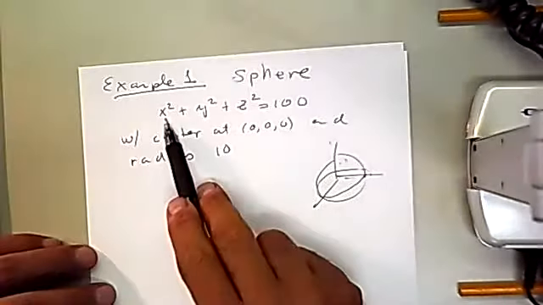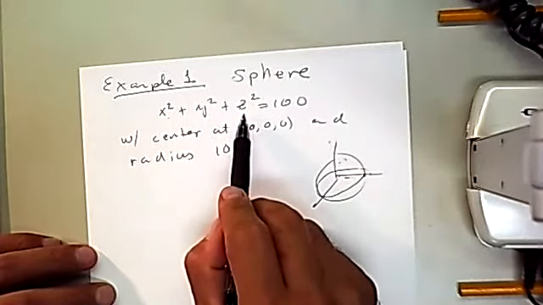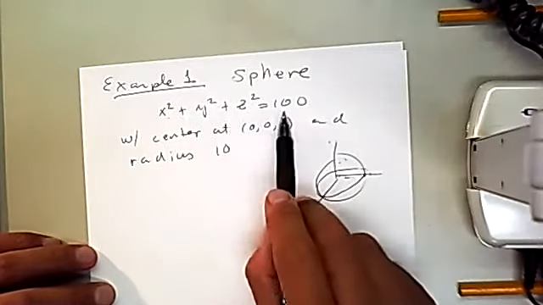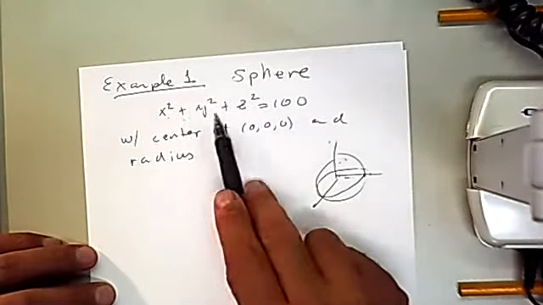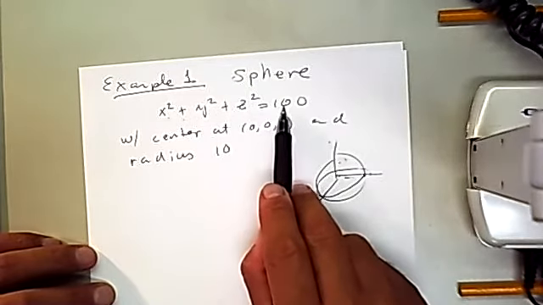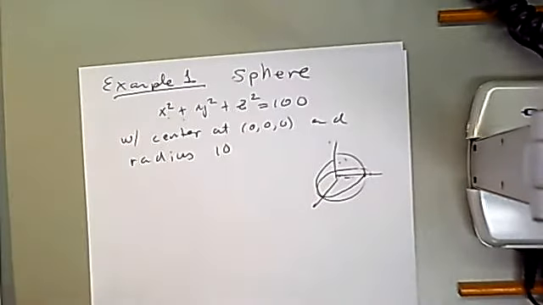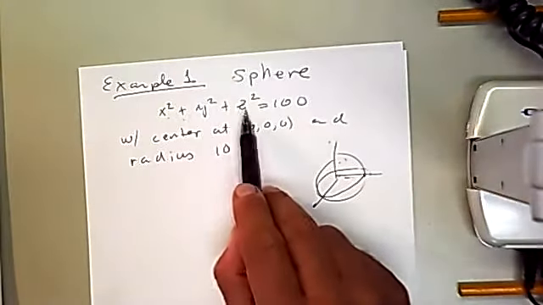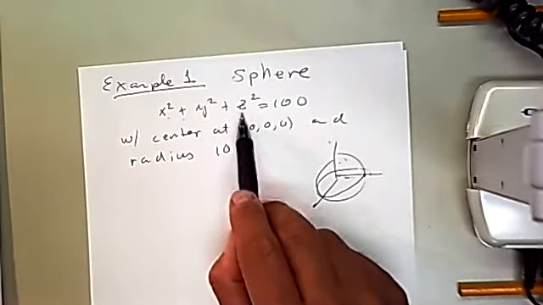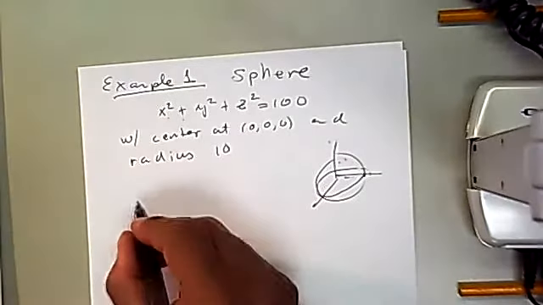Notice that all of those quantities, by virtue of being squared, have to be positive. And all three positive quantities together have to add up to 100. That means that none of those quantities can exceed 10, or negative 10 in the negative direction. None of them.